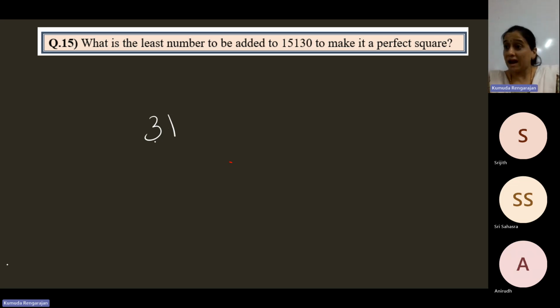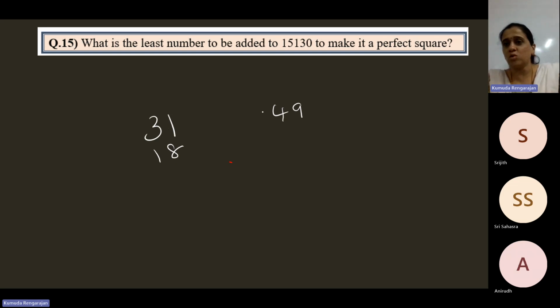See, you can add many numbers to 31 and make it a perfect square. If you want to make it 49, then you should add 18. You can add many numbers to 31 so that the resulting number is a perfect square. The question is, what's the least number? So only one answer.